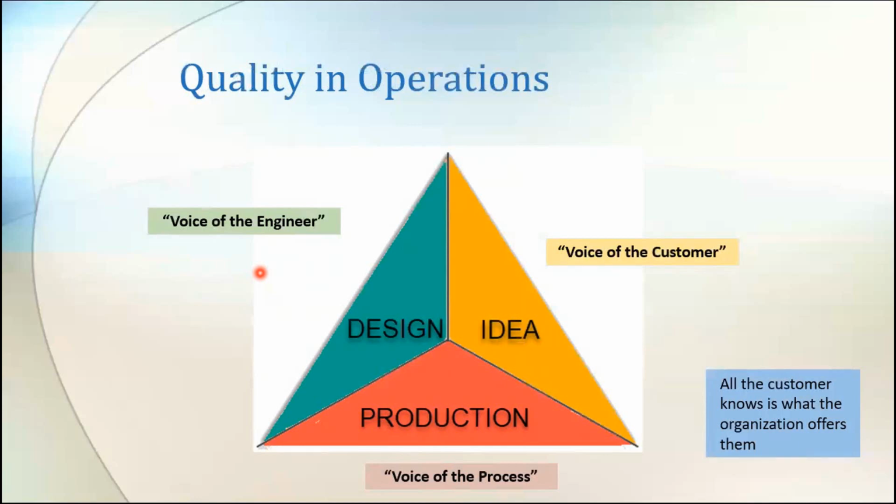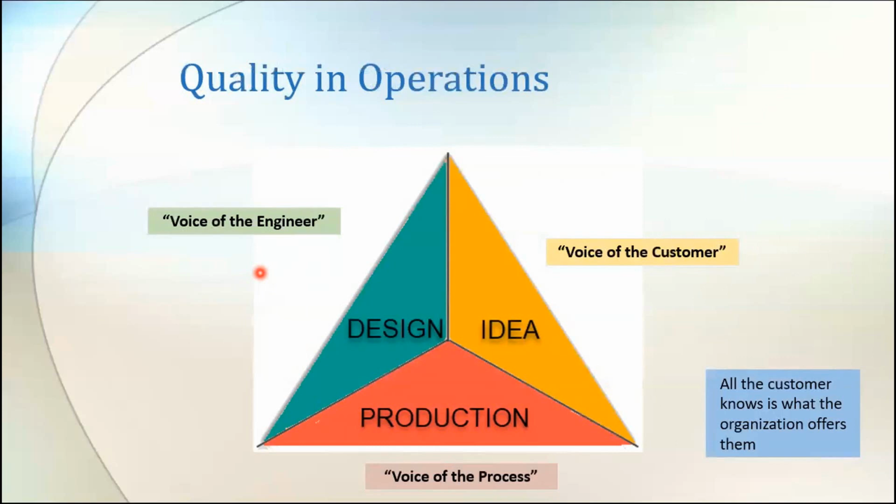And vice versa, you can have a very good grasp of what the customer wants, needs, and desires, design it flawlessly, and then fail on the production side, and you will have a product that is acceptable to the customer, but has flaws, like a car.